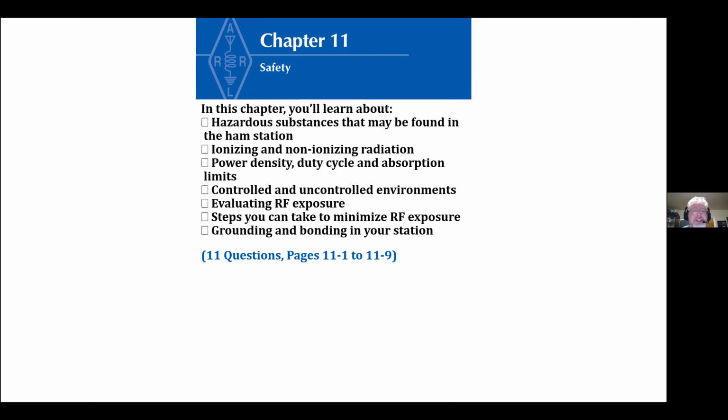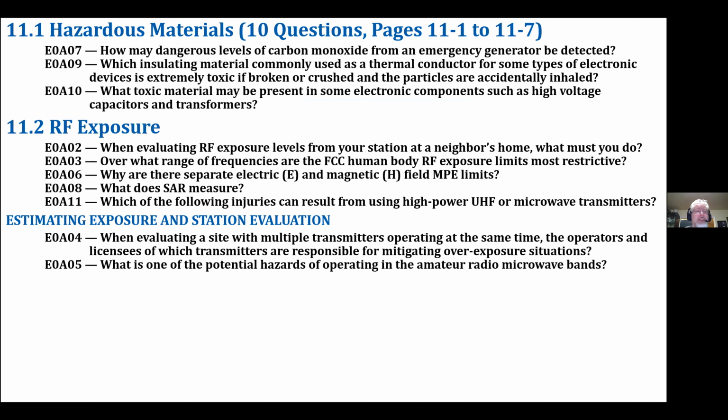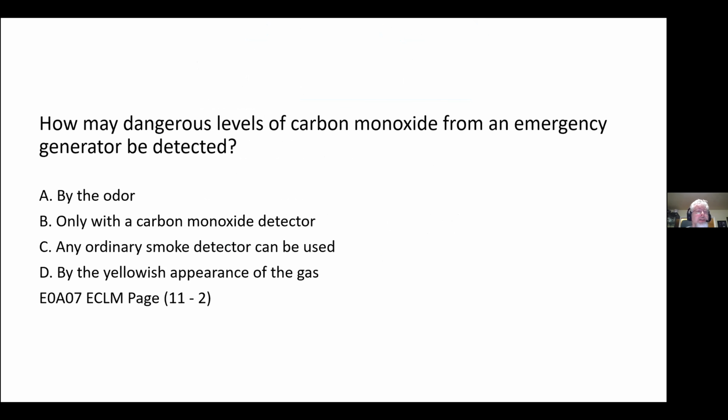Okay, 11 questions. And our nice little eye chart, hazardous material, RF exposure. How may dangerous levels of carbon monoxide from an emergency generator be detected? A, by the odor.